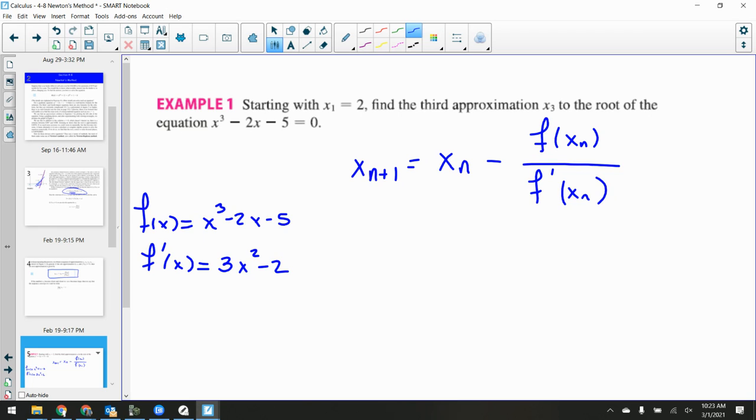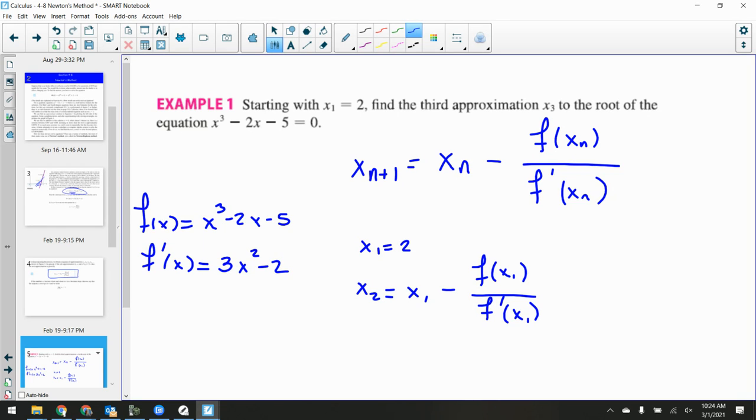I believe it's going to be close to 2, maybe I looked at my graphing calculator. Let's see what happens when we plug in 2. Well, x1 is 2, so x2 is x1 minus f of x1 divided by f prime of x1.